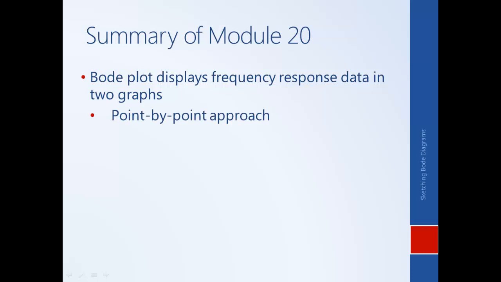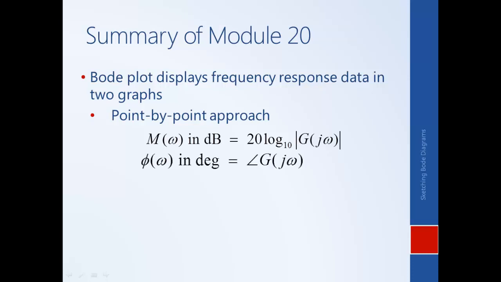One is a point-by-point approach, a brute force approach, which we in general will not employ. You calculate the magnitude of the complex number when you substitute s equals j omega into the transfer function and then convert it to decibels. And then you calculate the phase, or the angle, of that complex number when s equals j omega is substituted into the transfer function.